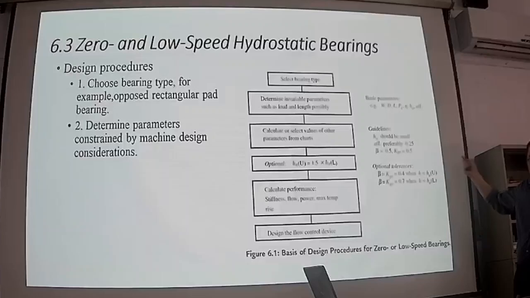Usually, supply pressure, okay. And then you have the viscosity of your lubricant here, and the original design film thickness, and also the ratio of the bearing length to bearing width.